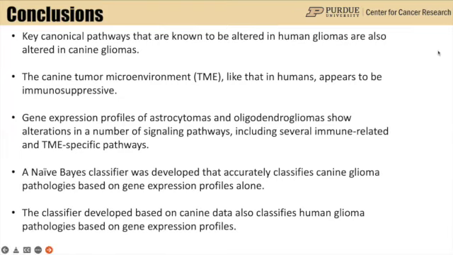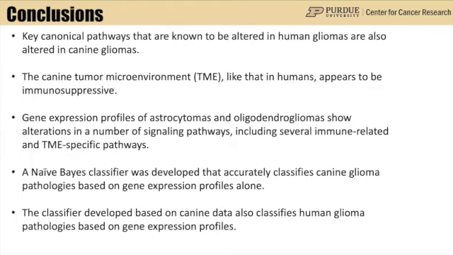We used gene expression profiles of astrocytomas and oligodendrogliomas to show that there are a number of alterations in signaling pathways, such as immune-related and tumor microenvironment specific pathways, that differ between astrocytomas and oligodendrogliomas. However, we did not see differences in the predicted proportions of specific immune infiltrates.